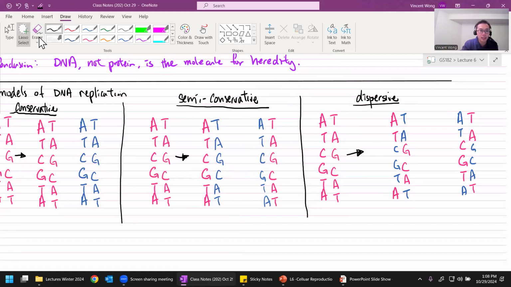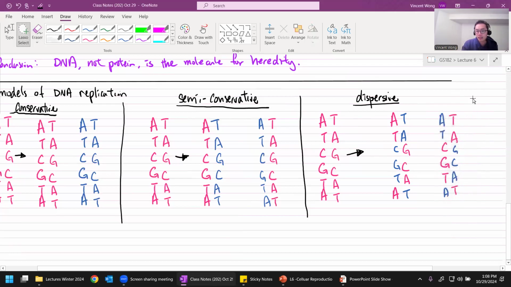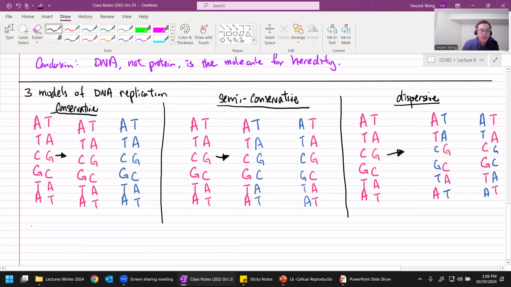As mentioned earlier, people didn't know which one was correct. These were just ideas of how DNA was replicated. The experiment that would answer that question, that would figure out which is the correct DNA replication model, is the Meselson and Stahl experiment.